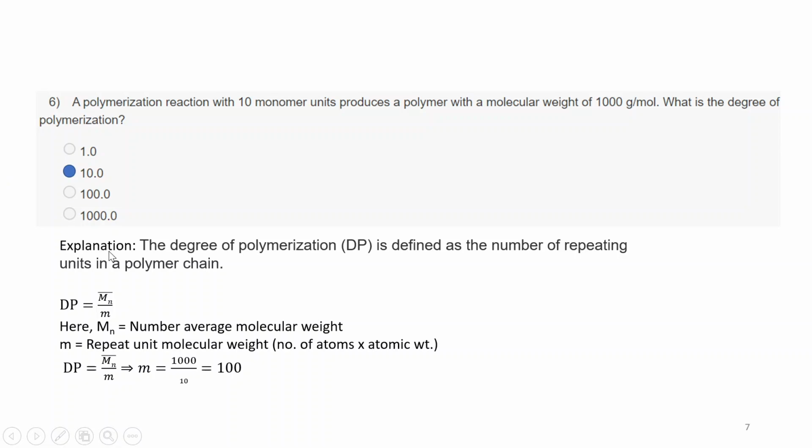As I told earlier, the degree of polymerization can be defined as the number of repeating units in the polymer chain, and it is given that it is made from 10 monomer units. If it had asked what is the molecular weight of the repeating unit, then you can divide 1000 by 10 monomer units. So you will be finding out the weight of one unit, which will be 100 gram per mole.